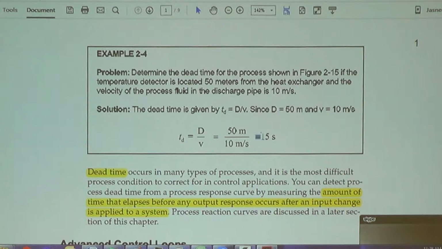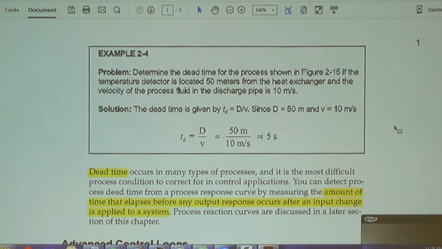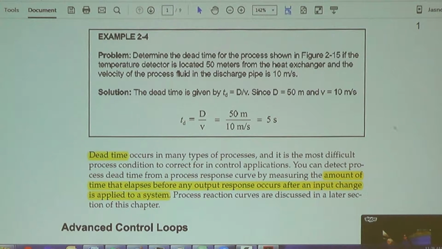It gives you an explanation of what dead time actually means. Okay? Clear?